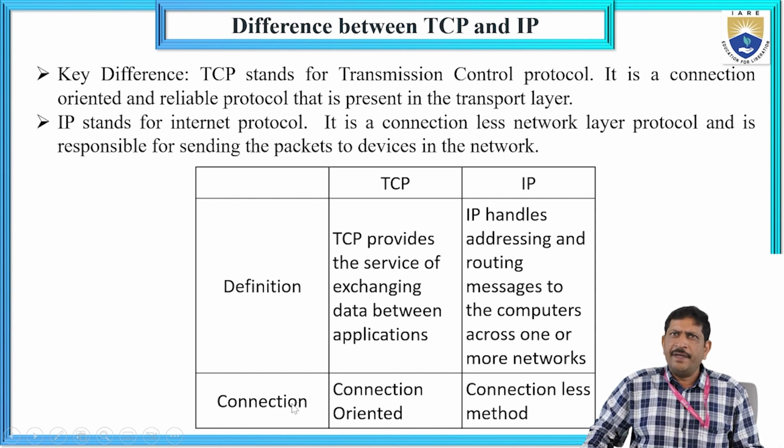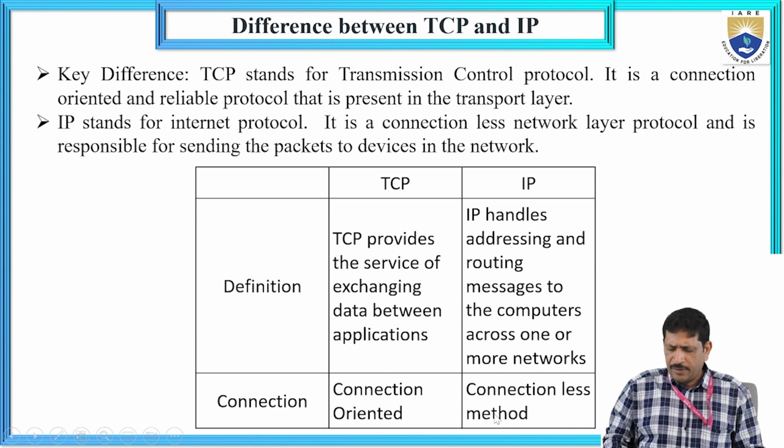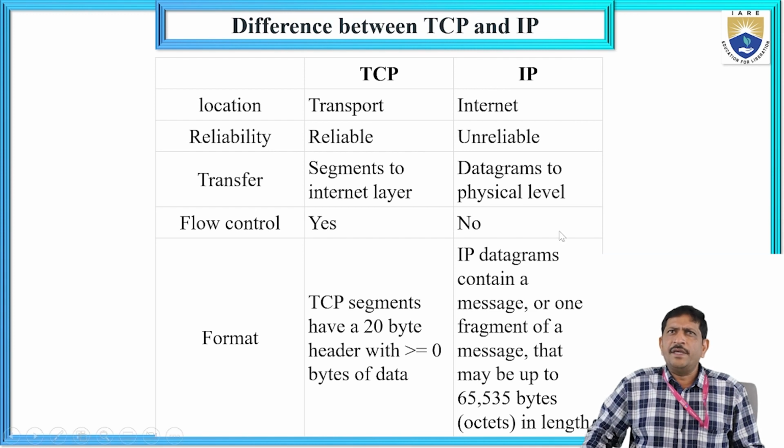In terms of connection, TCP is a connection oriented and IP is a connectionless protocol. In terms of location, TCP is at the transport layer and IP is at the internet layer.